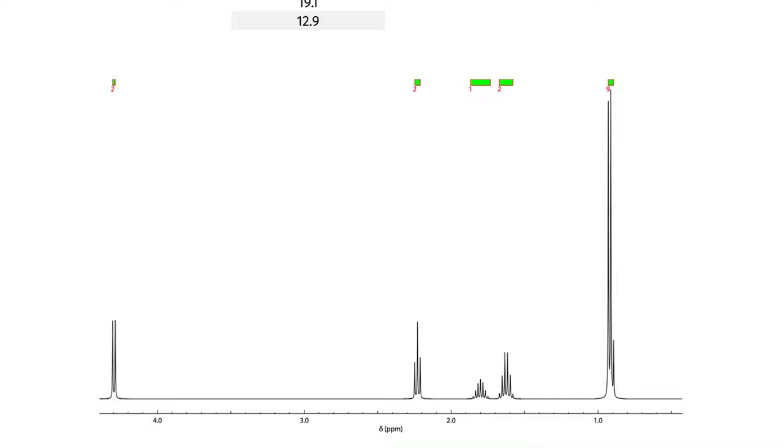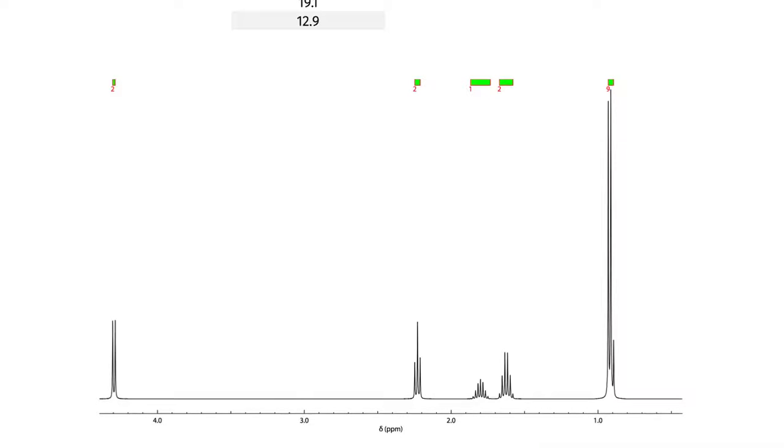So first, just like we did in carbons, we should take a look at integration. Okay? Integration tells you how many protons you have in your molecule. And if it adds up to the number we have in the formula, there are no equivalent protons, or your integrations are not divisible entirely by some number, okay?